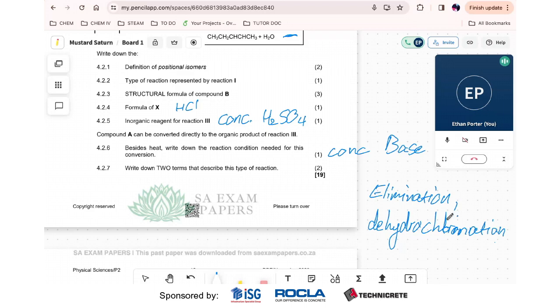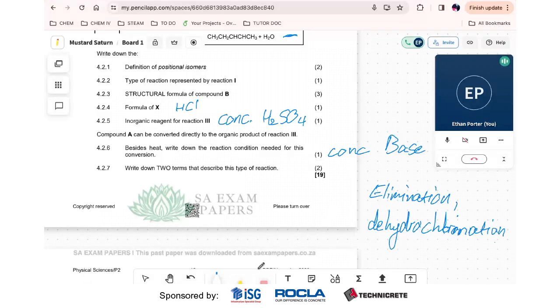Dehydrochlorination. Yeah, so that's also correct. And just as we halogenated it or hydrohalogenated it, you could also say dehydrohalogenation, because you're removing the halogen atom, which is the chlorine.